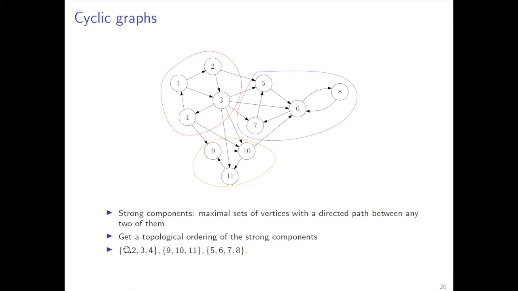For example, here you can go from 1, 2, 3, 4 to 9, 10, 11, and then you can also go to 5, 6, 7, 8. So this is the topological ordering. The algorithm is going to first find this topological ordering, then find the edges inside the cycles, and then the edges in between the cycles. This is how we can split the problem into different parts.